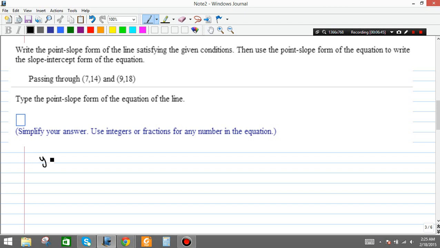So it's y minus y1 equals m times x minus x1. We need to find a point, and I get to pick the point. So it's x1 equals 7, and y1 equals 14. I'll use that one. I could have used the other point.